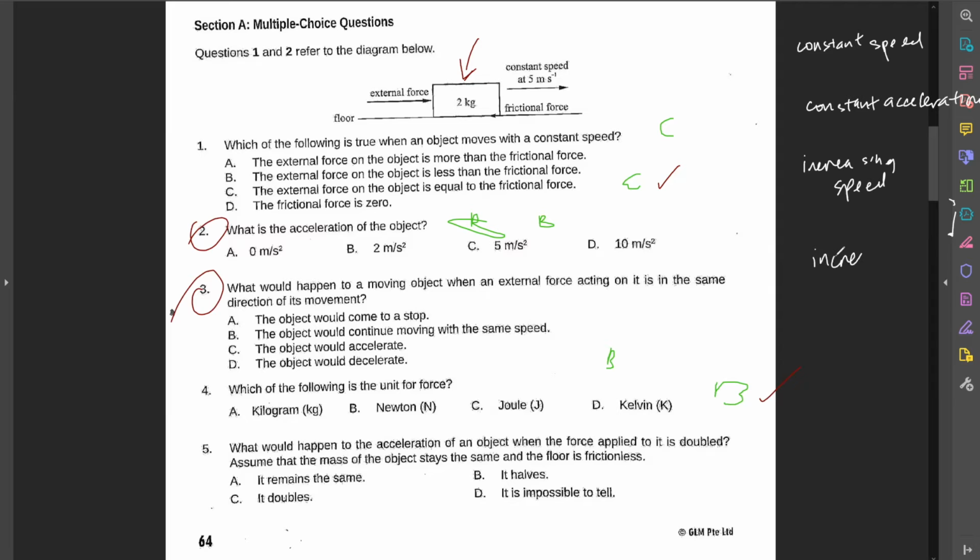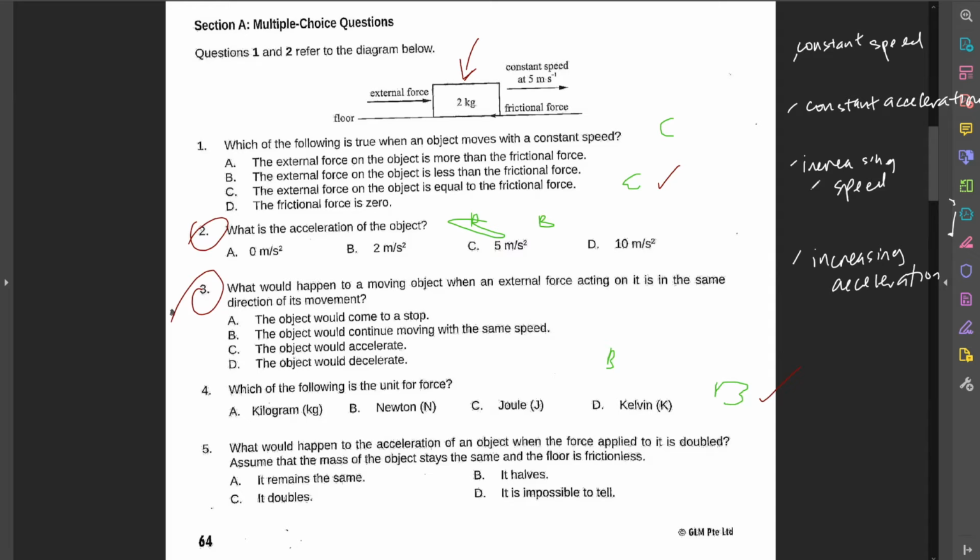Increasing acceleration. Okay, what do these four mean? What does constant speed mean? It means moving at the same speed. Yeah, moving at the same speed.